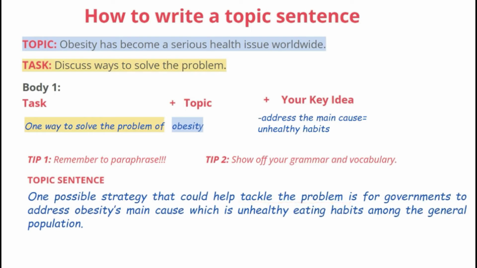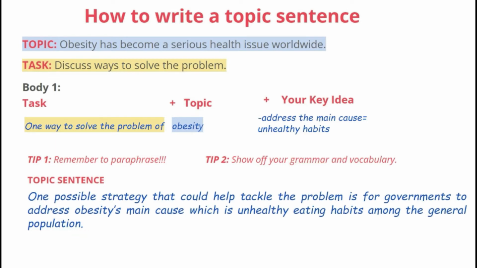Also, at the end of this sentence, I could have just used the word people, but it's a very common word and I don't think it would impress the examiner that much. So I used a less common expression, which is the general population. And that's how you write a topic sentence, guys.